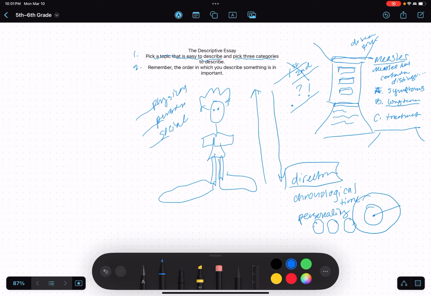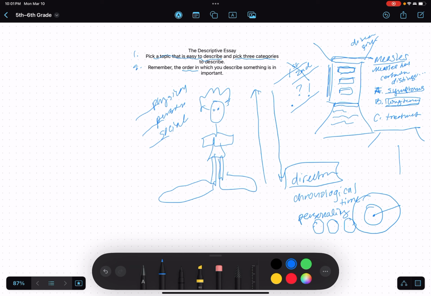So you want to be intentional about the order in which you describe something. So think about that, not just in the order that you decide to list these things, but also in the order within the paragraph. So if you're doing symptoms, choose a specific order. Don't just list them off. Maybe start again from head to toe symptoms, or outward visual symptoms to inner symptoms, things that we can't see but we know are going on with the disease.